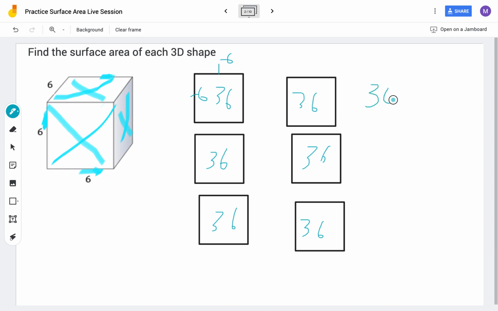36. We can multiply it. 1, 2, 3, 4, 5, 6 times 6. So what is 36 times 6?